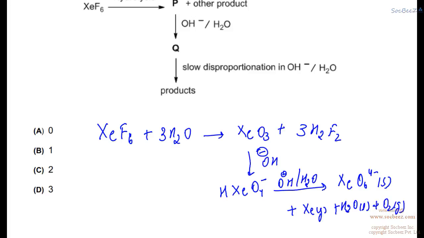Okay, so here we can see that the number of gases which are released is 2. The first is this one and the another is this one. Okay, so the correct option is option C. Okay, so now let's move on to another question.